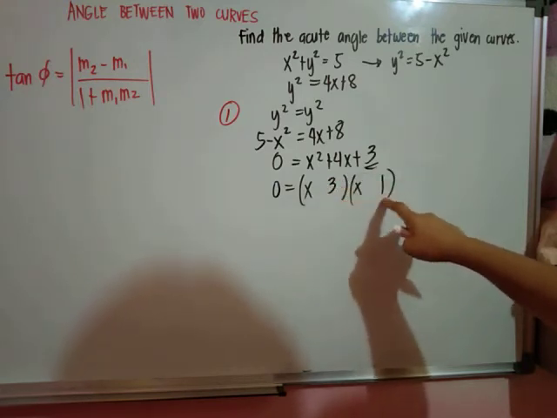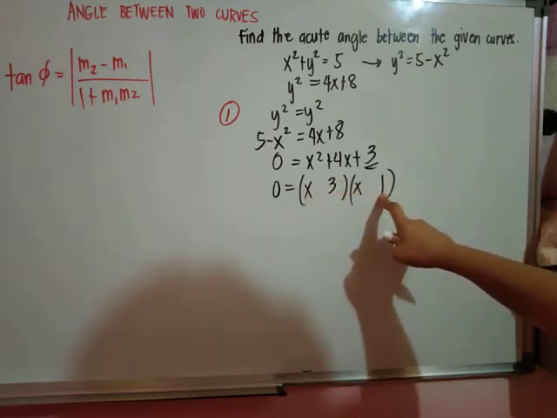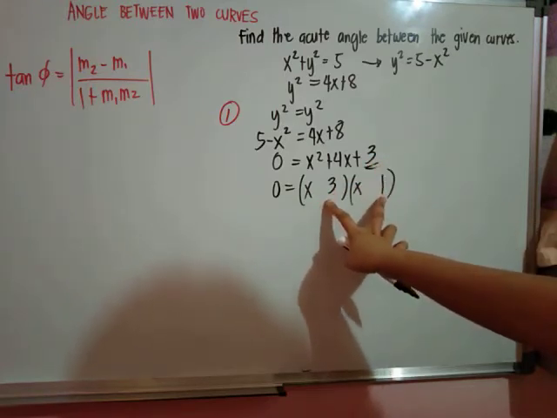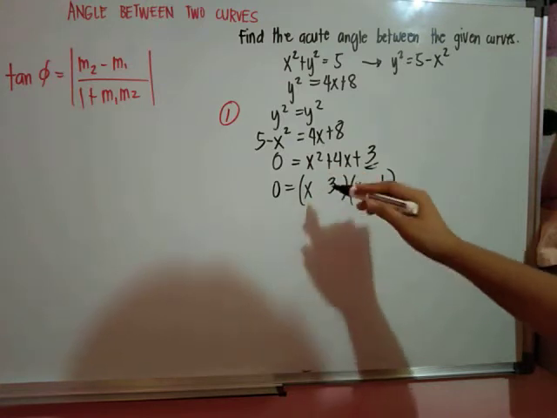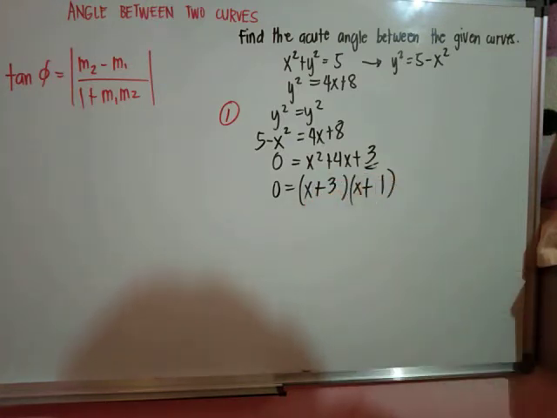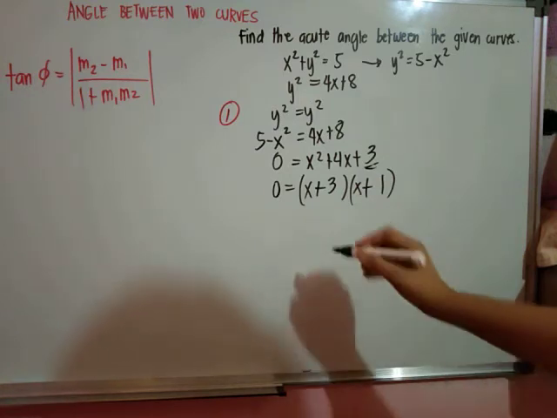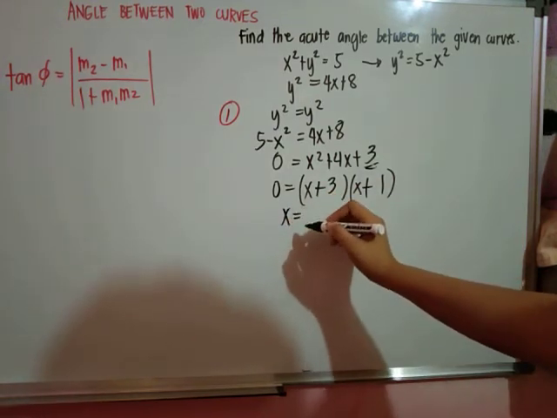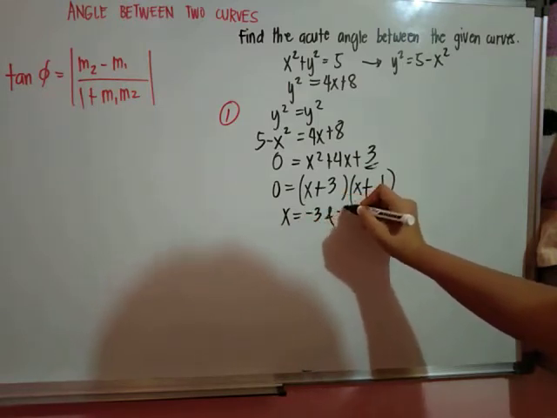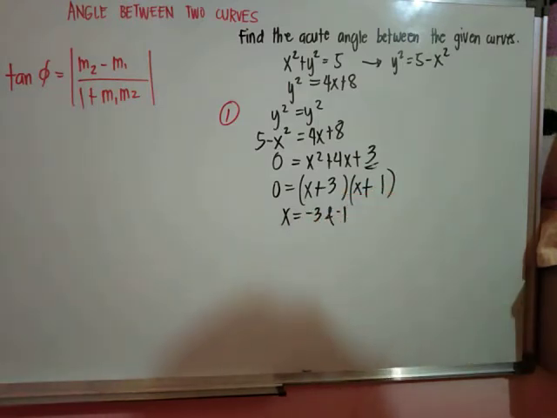Pag pinag-times mo yung 3 at 1, positive 3. And then, pag pinag-plus mo yung 3 and 1 is positive 4. So, we have the factors x plus 3 and x plus 1. So, yung roots ng x natin is negative 3 and negative 1.